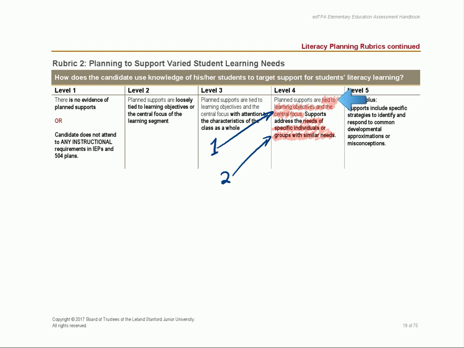Both of them require that your planned supports are tied to learning objectives and the central focus. That should be a given. But to get a 4, you need to be addressing how you're supporting the learning of all your kids based on your knowledge of what they bring to the learning and other cultural contexts, etc. So this is how you move to a 4 on this second rubric.